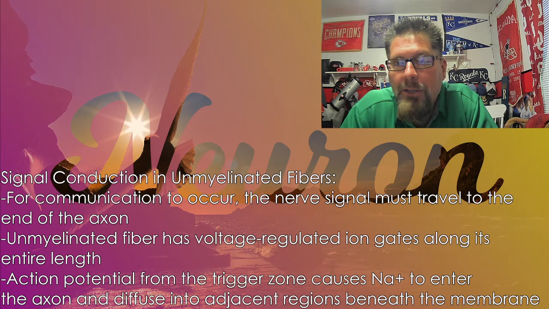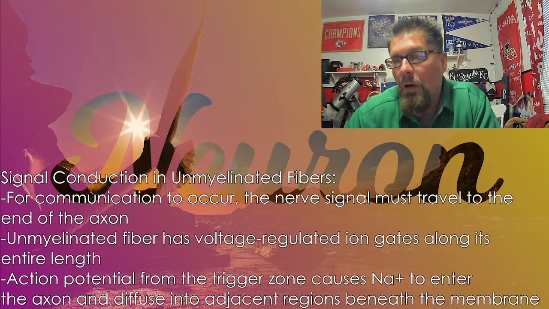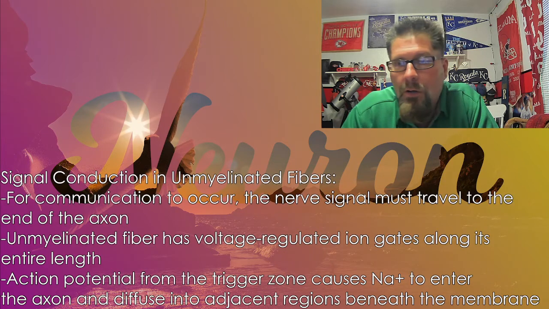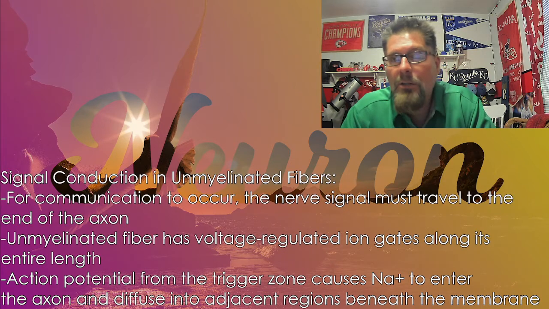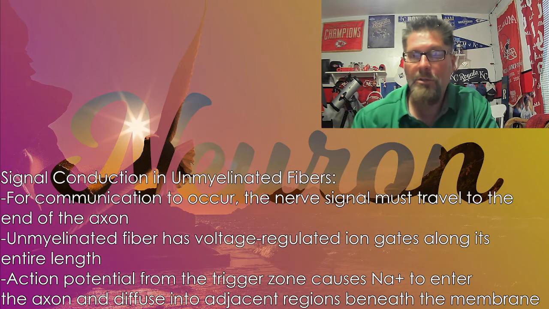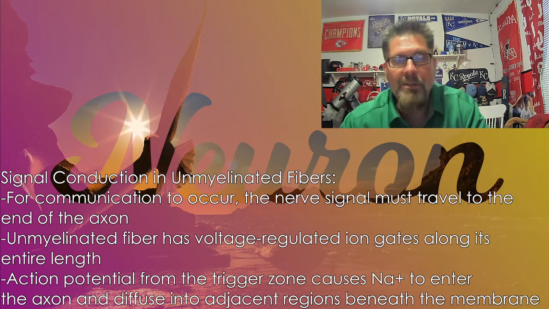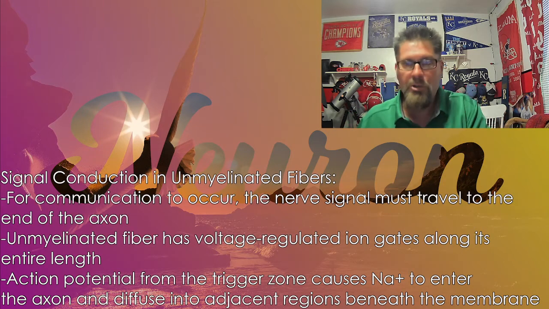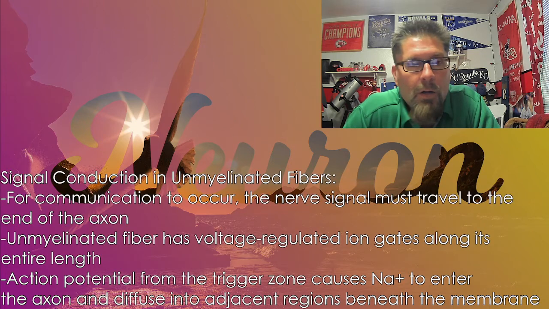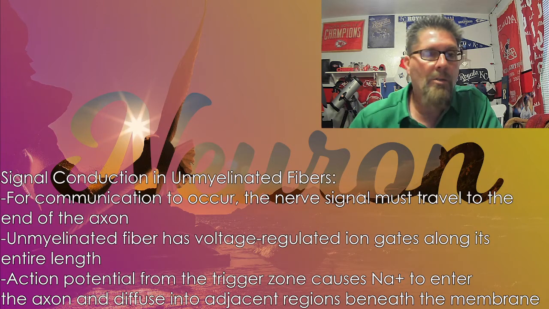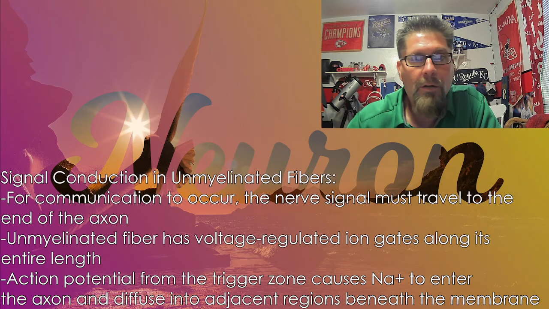It speeds through the axon. So unmyelinated is a slow, tedious process of moving, whereas a myelinated fiber is like a rabbit running, just running straight through. Speed is the most important factor.